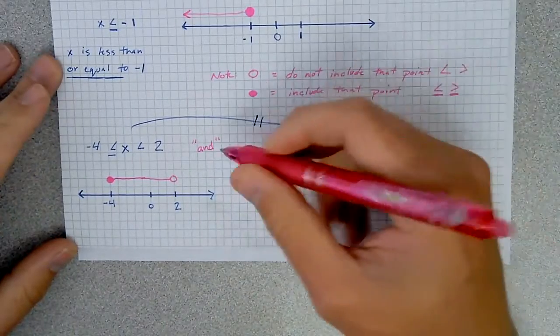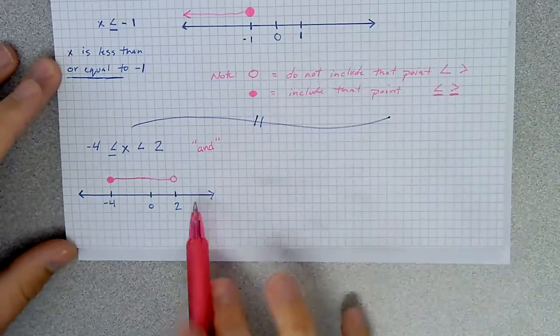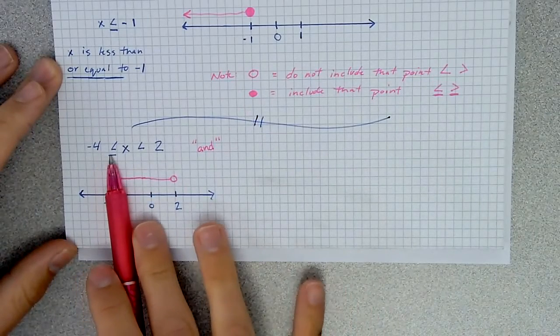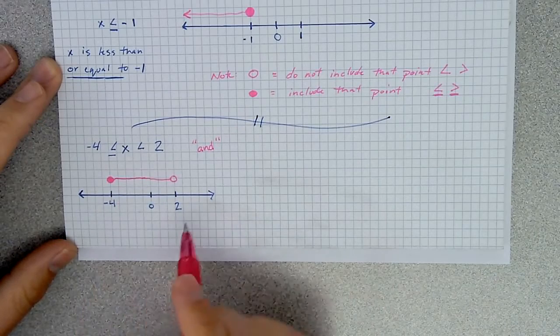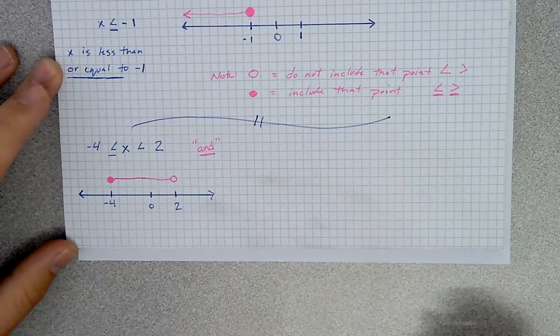And this is sometimes referred to as an and inequality, because x is going to be greater than or equal to -4, and it has to be less than 2. All right, so referred to as an and inequality.